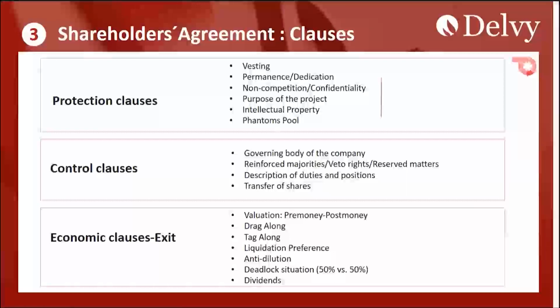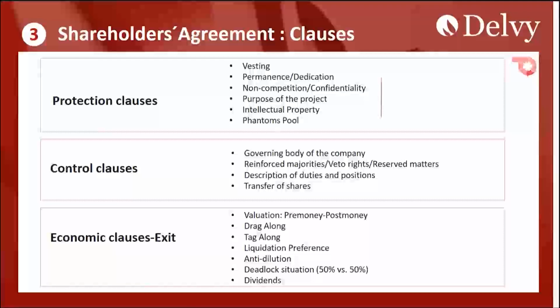So going to the example that I was saying before, if we are receiving 1 million, and that 1 million represents 20% of the company, this means it's a post-money of 5 million, right? 20% of 5 million is 1 million, and that is the rule of three, the correlation between this percentage and valuation.